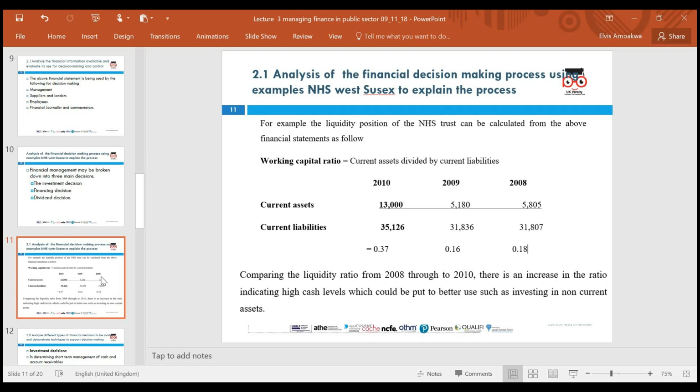And I've looked at the current liabilities for 2010, 2009, 2008. This was done so that I'll be able to at least look at the liquidity position of the organization from 2008 up to 2010. Then I can make my decision that the liquidity position of the organization is so sound. I'm confident, I can buy shares.